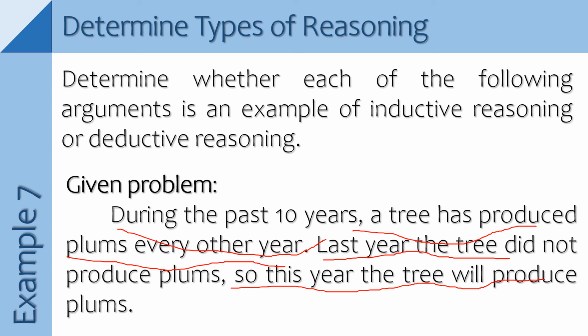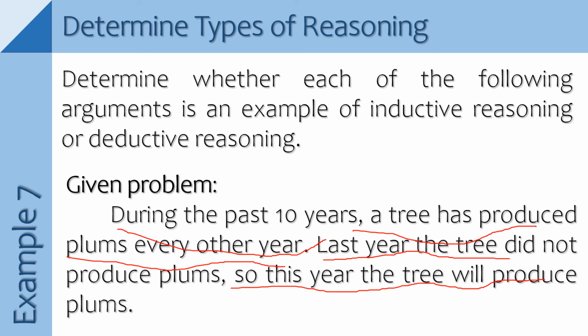Sixth year, nag-produce siya. Sa seventh year, hindi siya nag-produce. Eighth year, nag-produce. Ninth year, hindi nag-produce. And then 10th year, nag-produce siya. So, as we observe, there is a pattern that every other year, or alternating year, nagpo-produce yung tree ng palms.